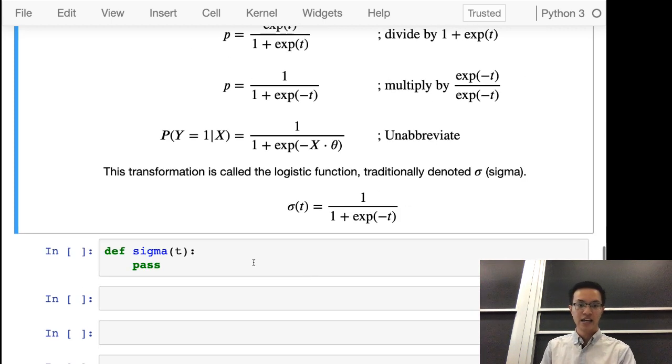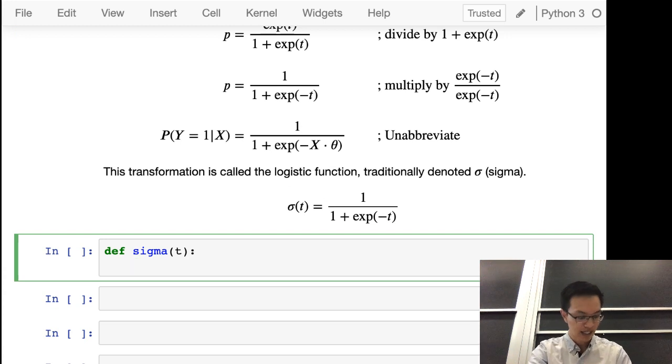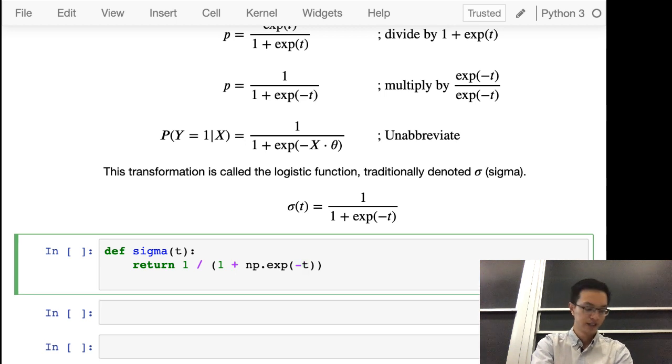If I code up this sigma function, let's call this sigma, and we'll do 1 over 1 plus np dot exp of negative t. So this is e to the power of negative t here.